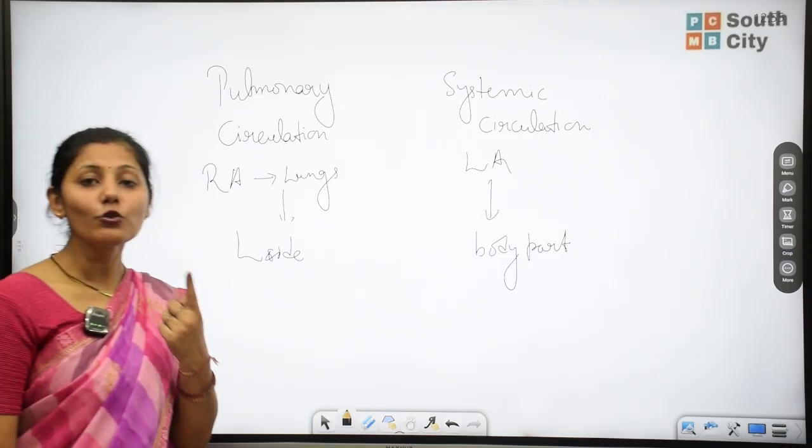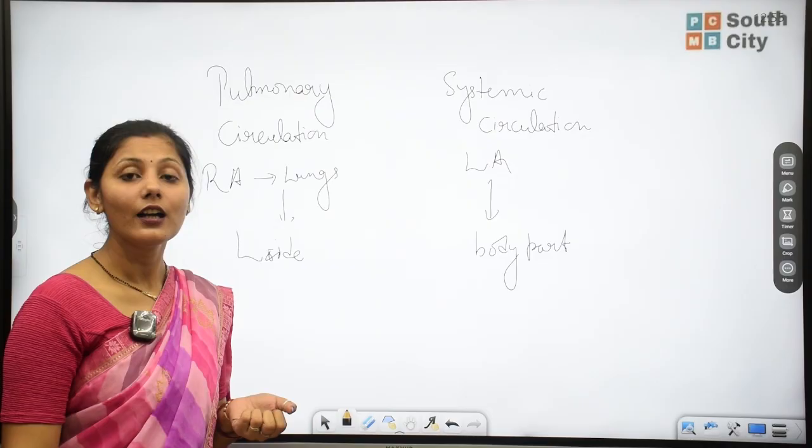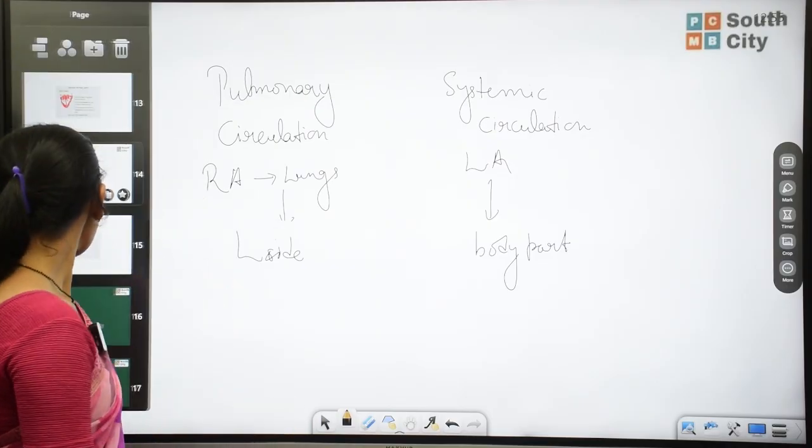So we have two types of circulation inside our body. That is why this is known as the double circulatory system.